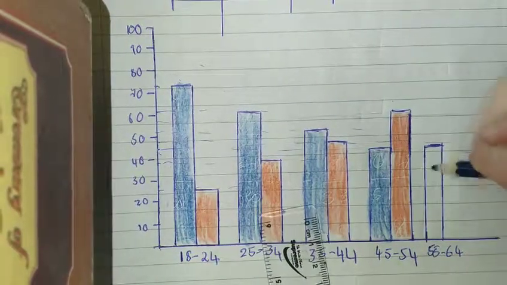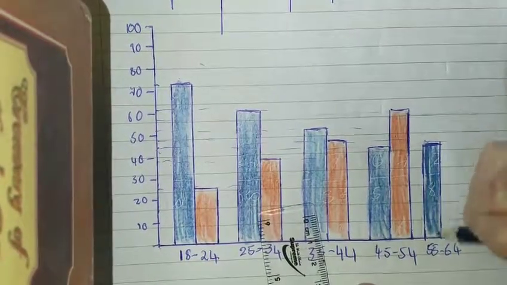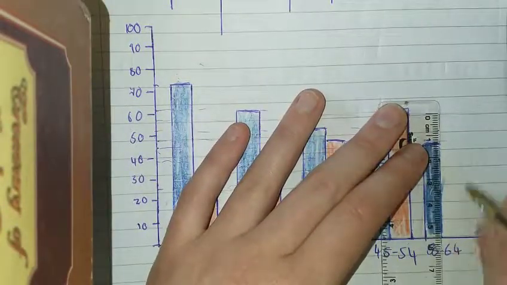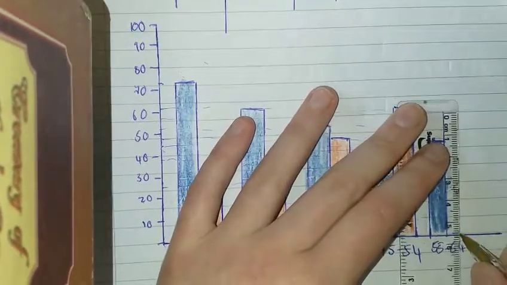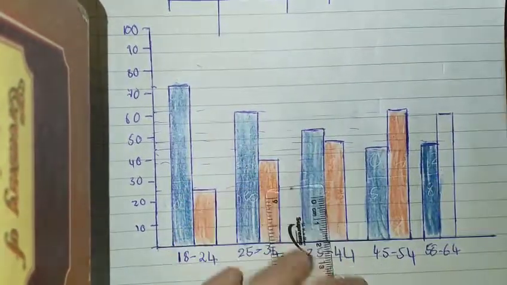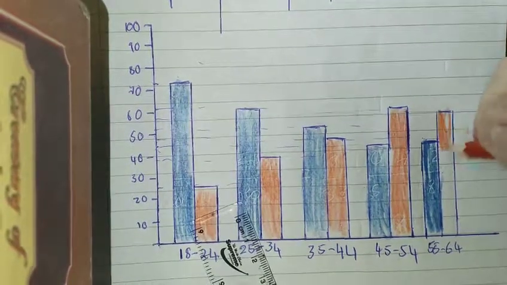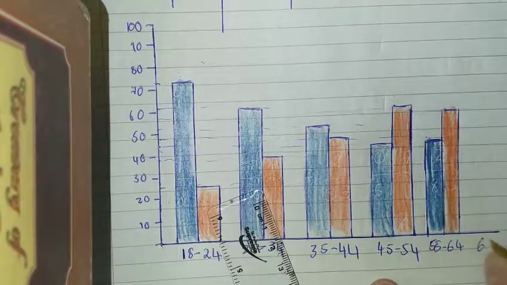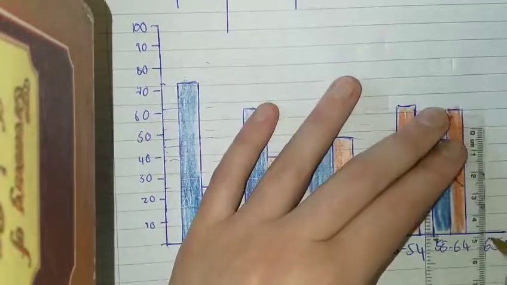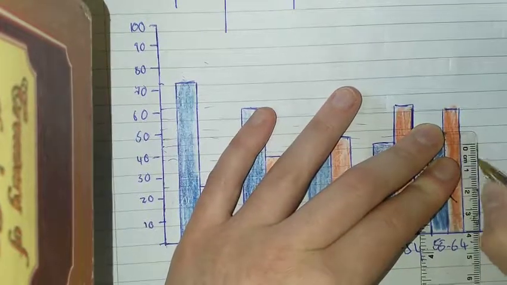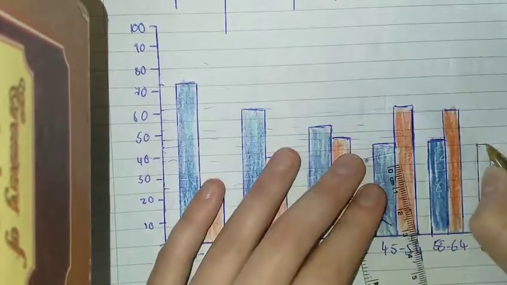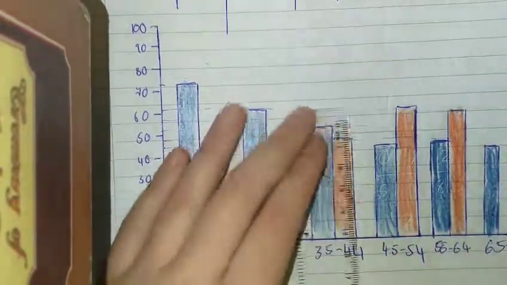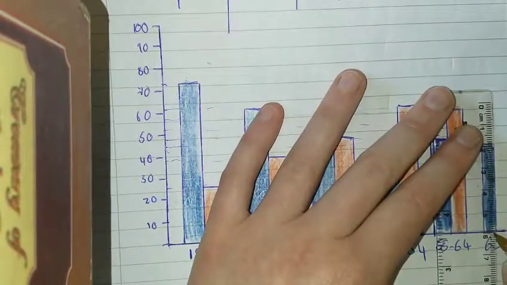So that's going to be in blue. And that voted to leave is 57%. And then for my next age group, which is 65 plus, that voted to stay is 40%. And the amount that voted to leave is 60%.